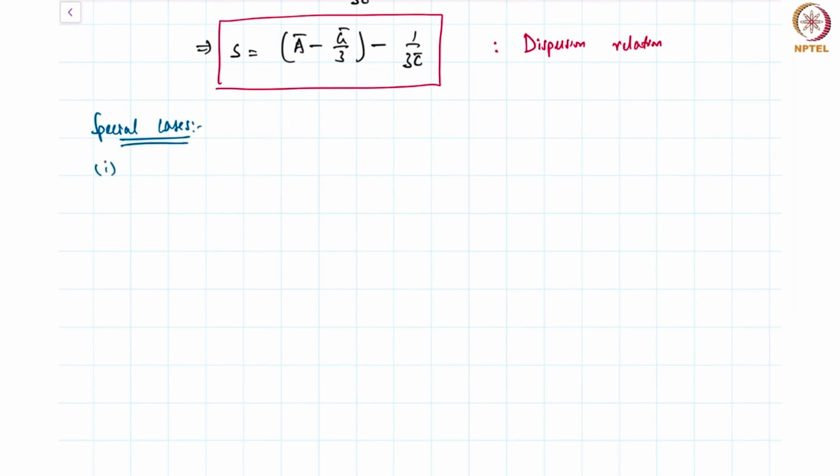The first special case that I'll consider is A bar and C bar inverse are 0. So A bar is 0, which means that there is no van der Waals force. If I say 1 by C bar is 0, it means that there is no surface tension force. So this is no surface tension, no van der Waals force.